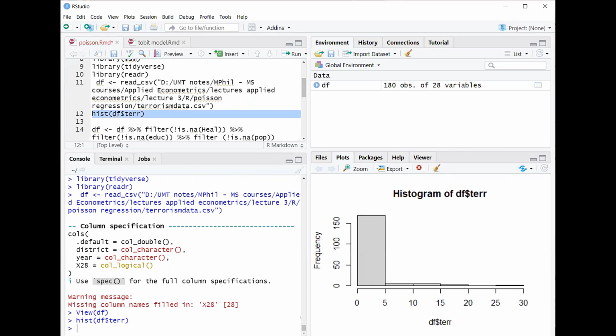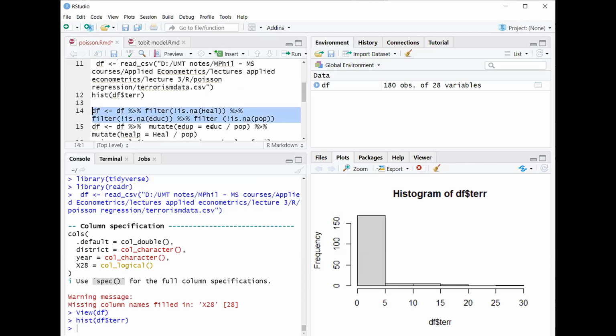So if I run it, the data is mostly 0 to 1, up to 5. So it is showing me frequency. Okay, so I have to remove some missing values.